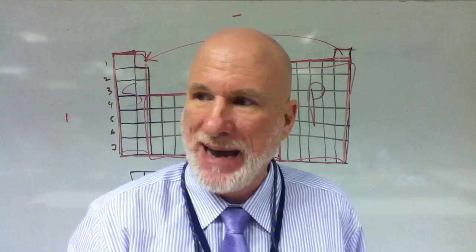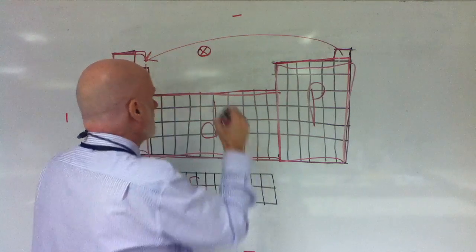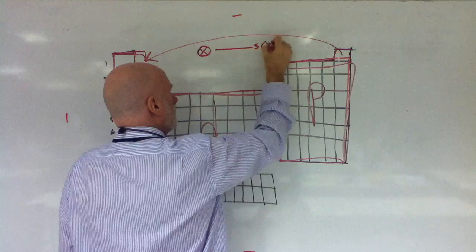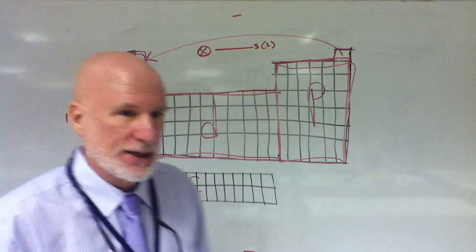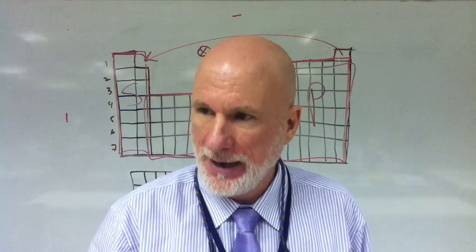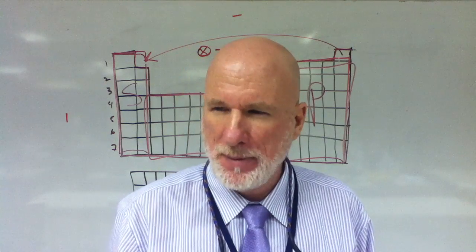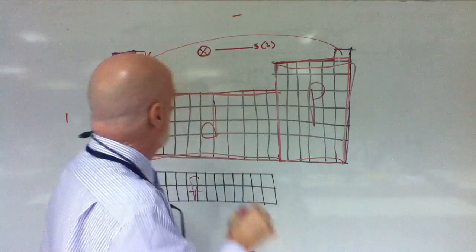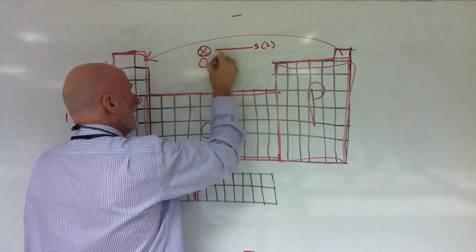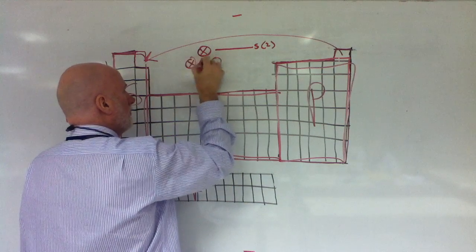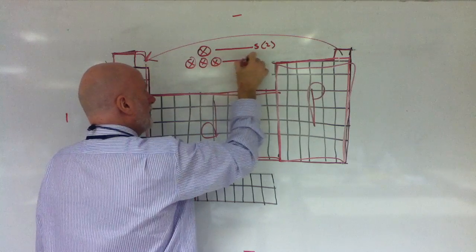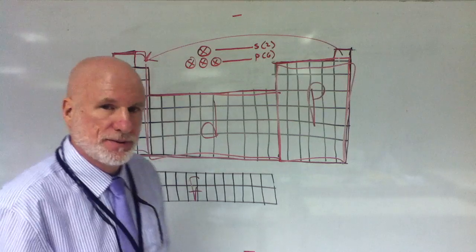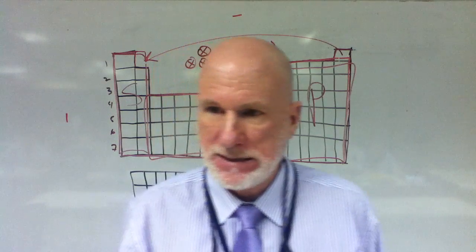That's the capacity for S: 2 electrons I can put into S. Okay? How many people already knew that? Now, P has 3 orbitals, so I can put 6 electrons. All right? Yes?